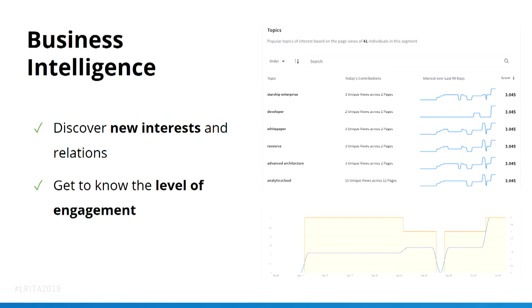We have all the information, all the page views, all the users interacting, and then what can we offer? What can we discover for you? So here we have some samples. We have interests here. So this particular user is interested in developer, white paper, resource, how many views across how many pages, how this interest is evolving across the timeline.